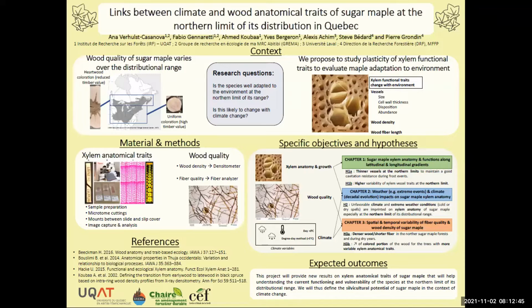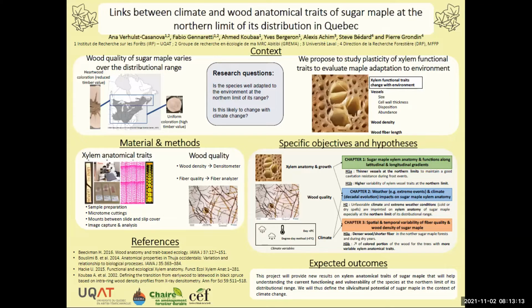We will also use a densitometer for the wood density, and a fiber analyzer for the quality of the fiber. We are going to use these traits to associate them with the environmental, weather and climate conditions.